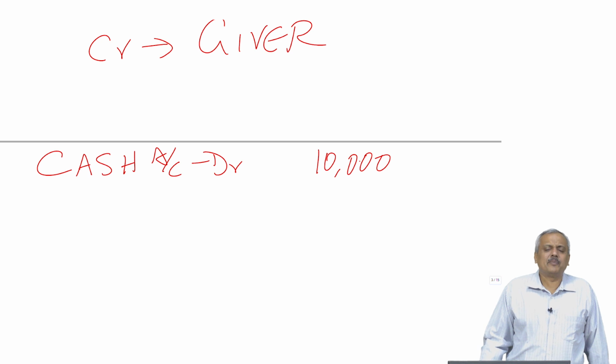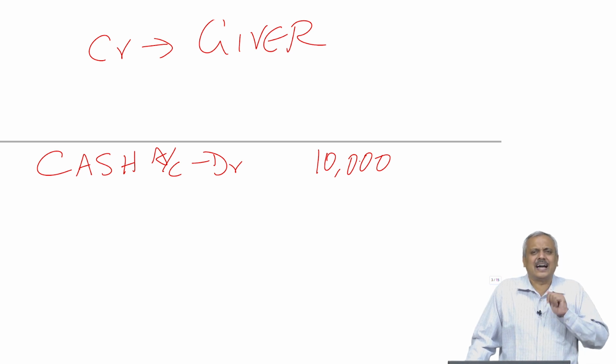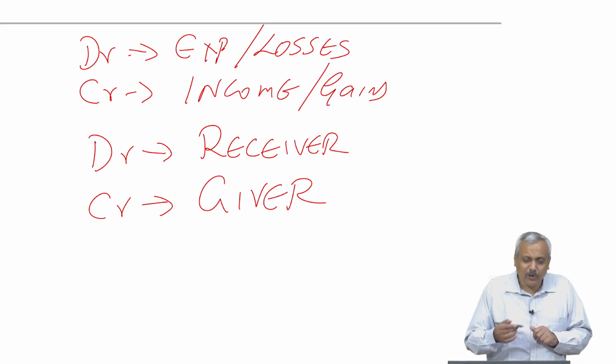Now, when somebody has given you capital, cash has come in, perfectly all right. Who has given this cash? Nadkarni has given this cash. What principle do you apply?